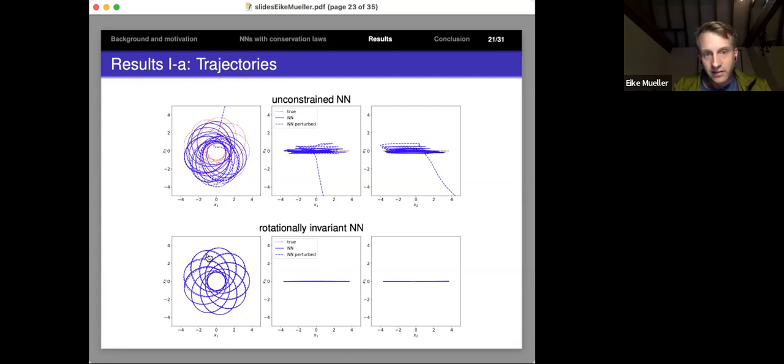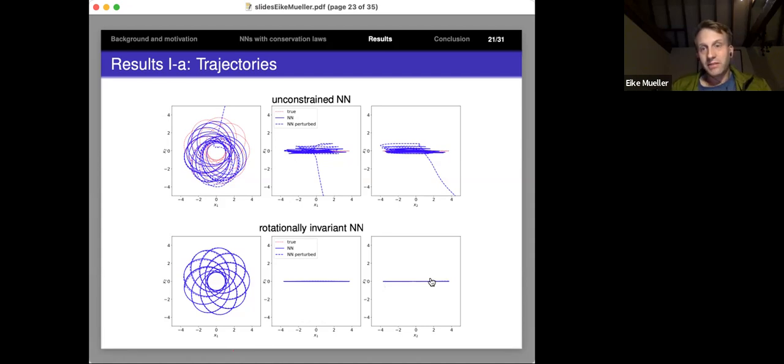The other thing you see here is that the trajectory with a perturbed initial condition stays very close to the unperturbed trajectory. That's another nice property of this system, and that goes away for the unconstrained neural network. And for the rotationally invariant neural network, the motion lies in a plane.